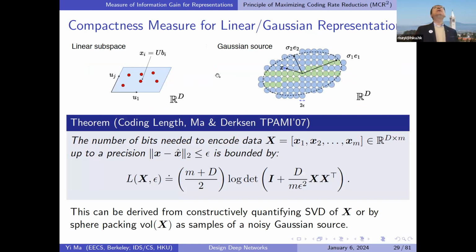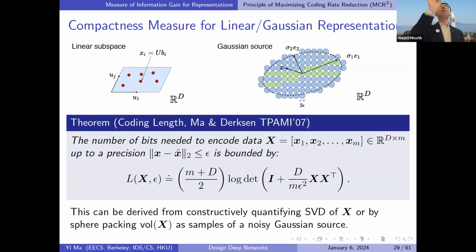At least we know coding length is a good measure, although for most distributions, we don't know how to compute it. But for special important classes, subspace or Gaussian, there's something very universal. We actually proved about 15 years ago that it doesn't matter if your structure is algebraic, say a low-dimensional subspace, or you specify your data in the probabilistic sense, say samples from some degenerate Gaussian.